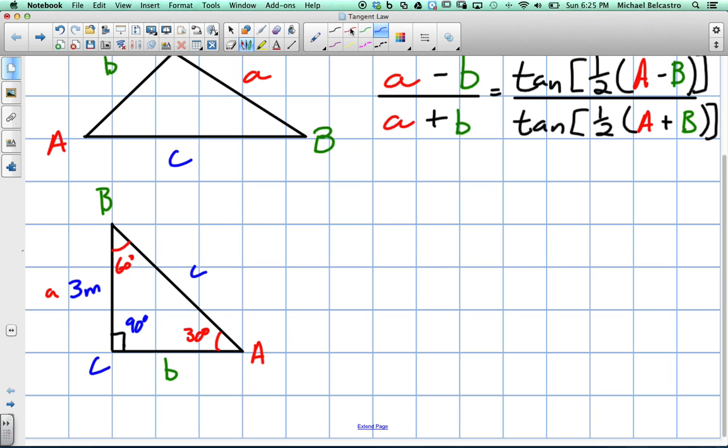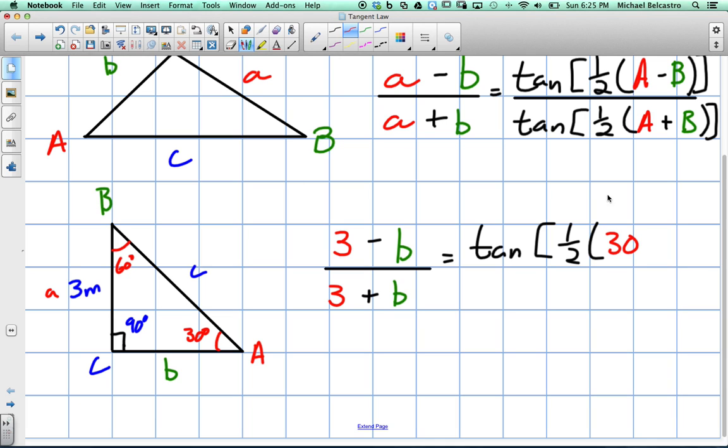Our side A is 3 meters, so we have 3, subtract our side B, which is unknown, so we're going to keep that as B, divided by side A again, which is 3, plus side B, which again is our unknown. That is going to be equal to tan of 1/2 times our angle A, which is 30, subtract our angle B, which is 60 in this case.